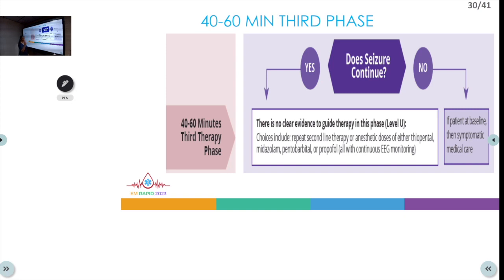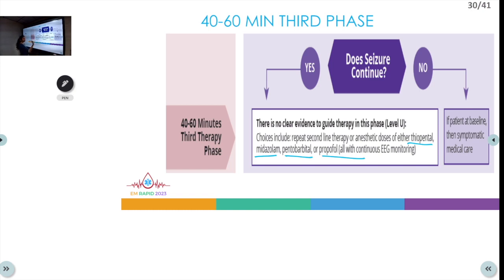So after giving the initial benzodiazepine, the second dose of benzodiazepine and an anti-epileptic drug, if the seizure is still continuing, that means it will be almost more than 40 minutes. Then we will have to give the patient anesthetic doses of medications like thiopentol, midazolam, phenobarbital or propofol.